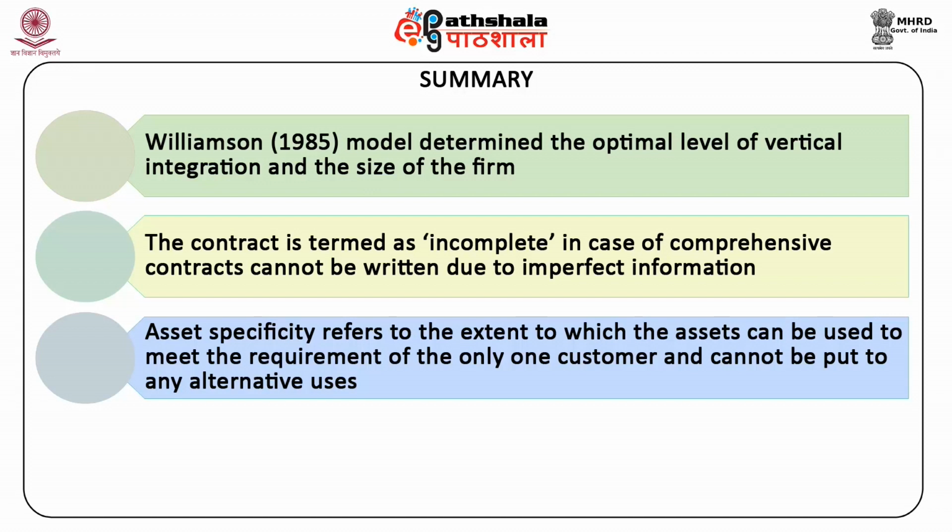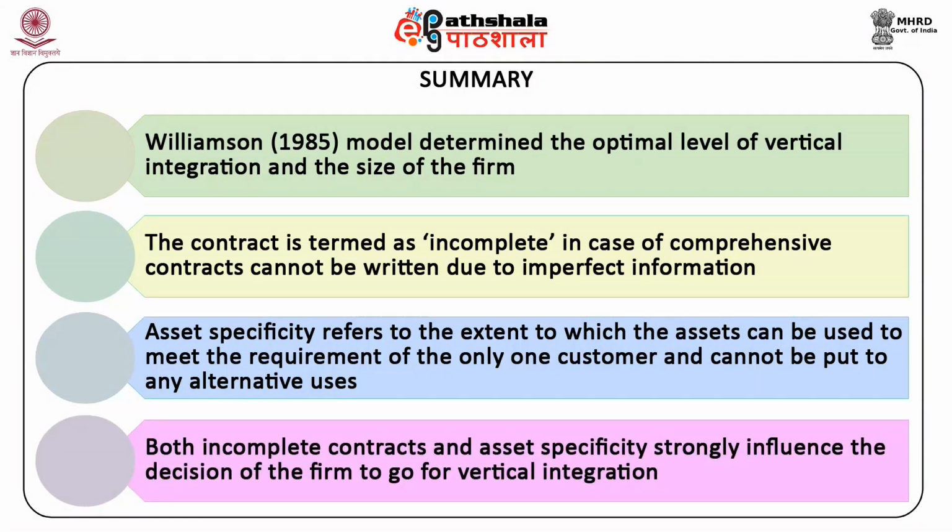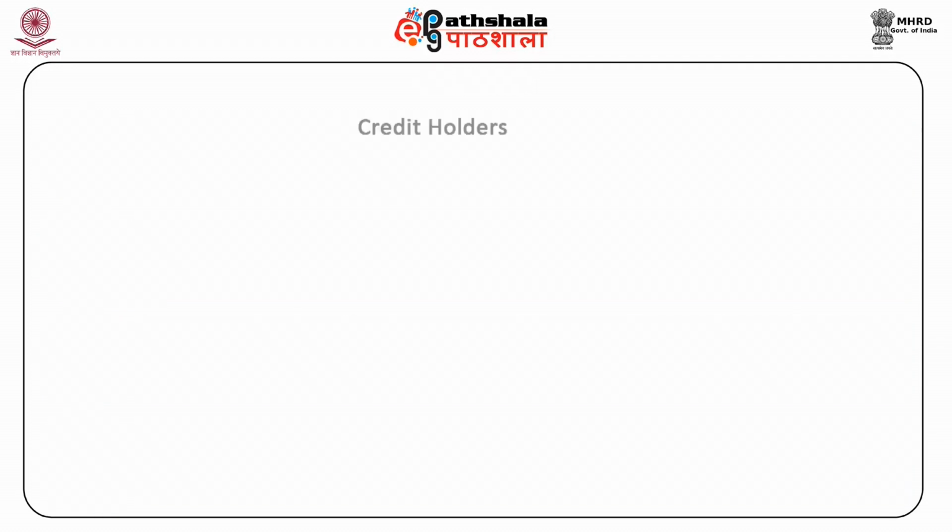These are of four types: physical asset specificity, site specificity, human asset specificity, and dedicated assets. Both incomplete contracts and asset specificity strongly influence the decision of the firm to go for vertical integration.